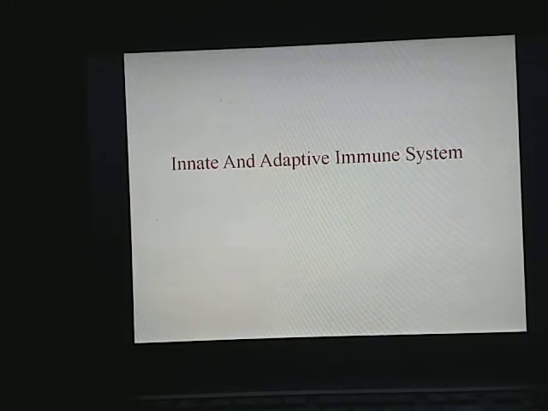The adaptive immune system is a specific type of immune system, where immunity develops for specific antigens only. This is the main difference between the innate and adaptive immune systems. Let us see the different components present in each.